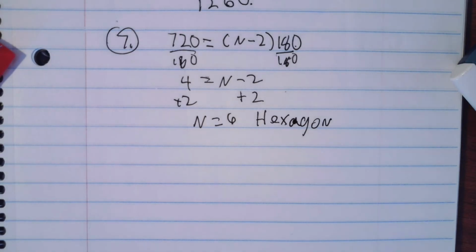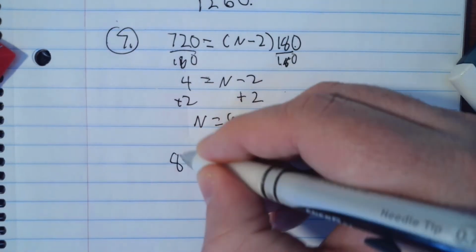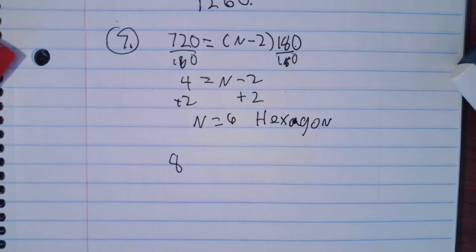It's 1, 2, 3, 4, 5, 6, 7, 8. It's 8 sides. And you're going to think it's 7, but it really is 8 sides. All right. Then we are going to find the measures of x and y.